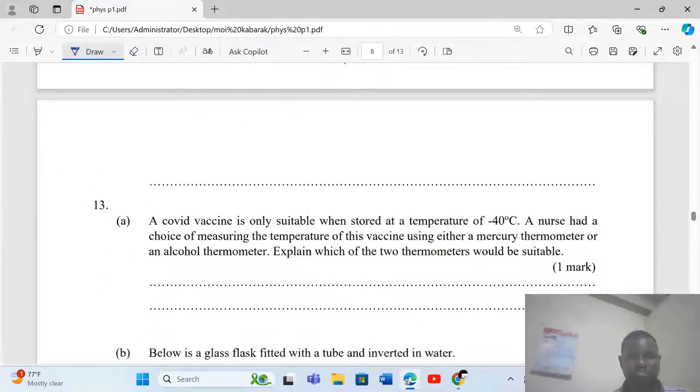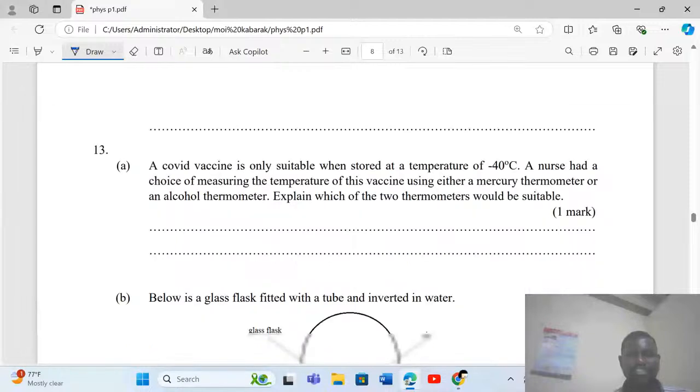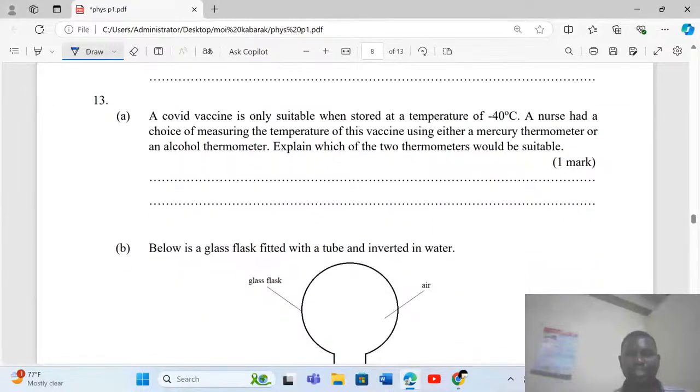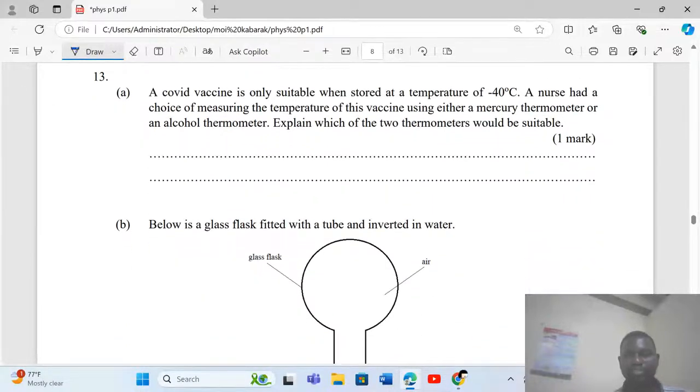COVID vaccine is only suitable when stored at a temperature of negative 40 degrees Celsius. A nurse had a choice of measuring the temperature of this vaccine using either a mercury thermometer or an alcohol thermometer. Explain which of the two thermometers will be suitable.